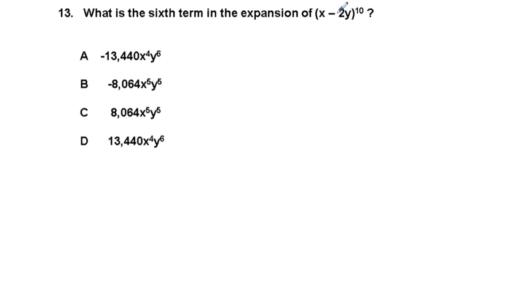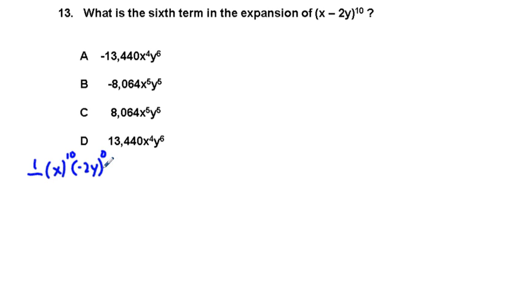So we have the sixth term in the expansion. I'm just going to write them out in a row until we get to the sixth term. The first term is going to be a coefficient of 1, then x to the power of 10, and this second term, negative 2y, to the power of 0.